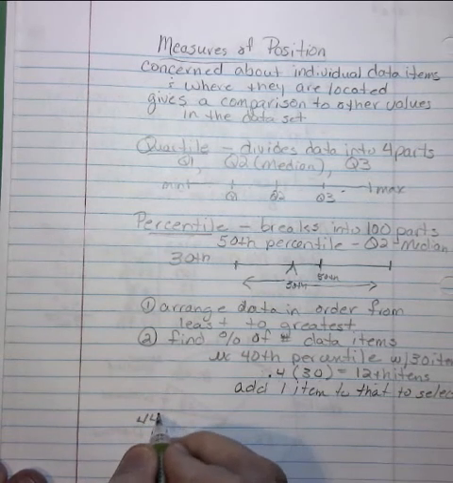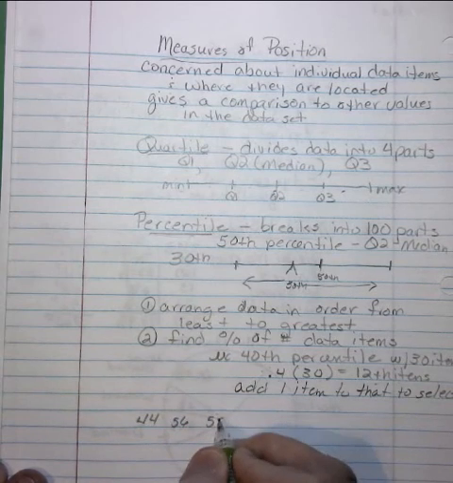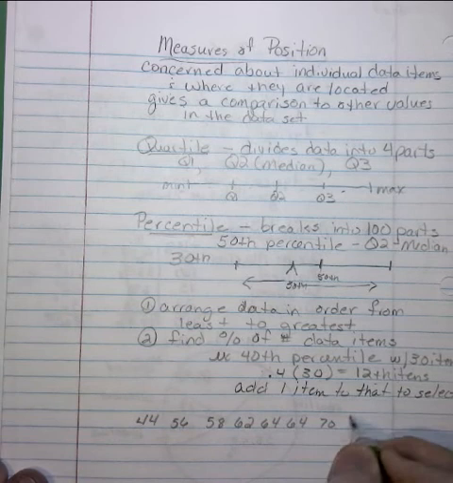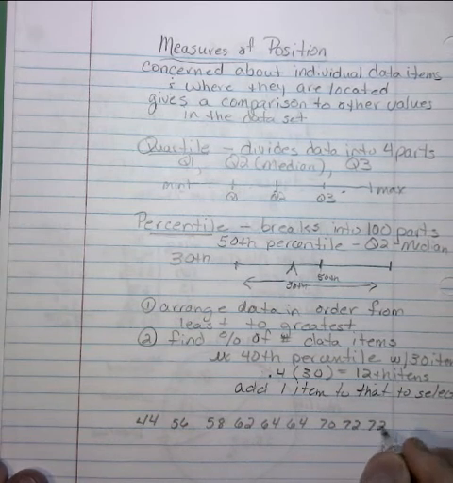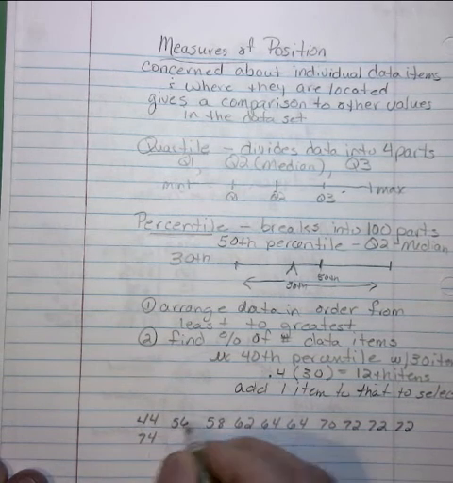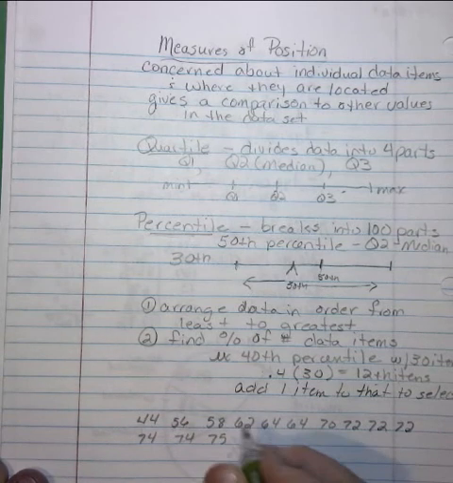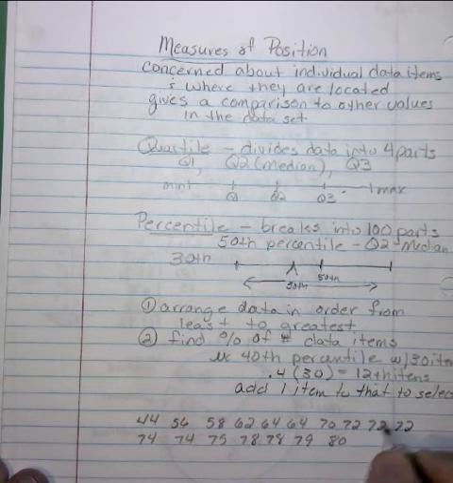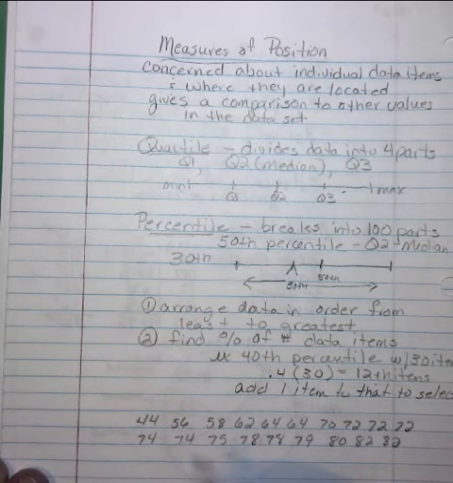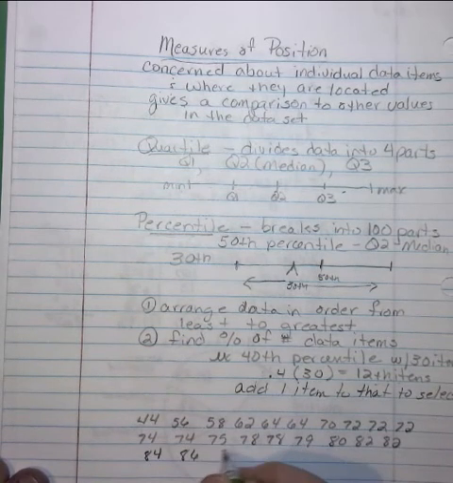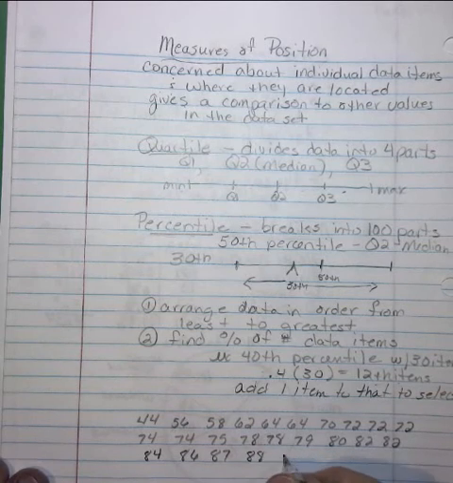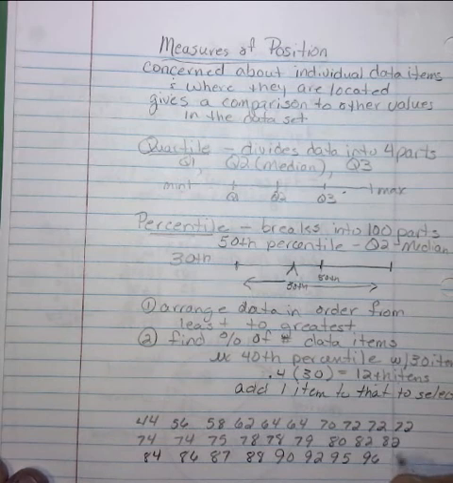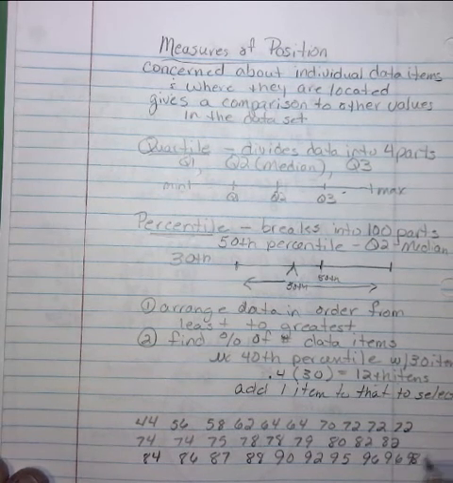We have 44, 56, 58, 62, 64, 64, 70, 72, 72, 72, 74, 74, 75, 78, 78, 79, 80, 82, 82, 84, 86, 87, 88, 90, 92, 95, 96, 96, 98, and 100.